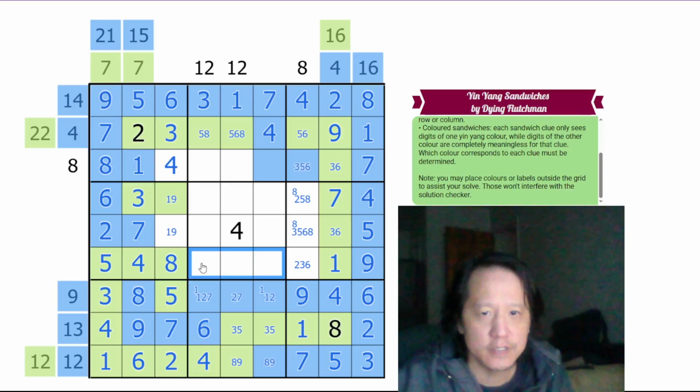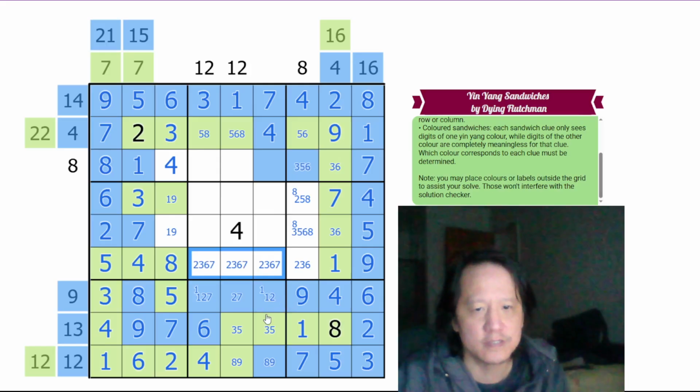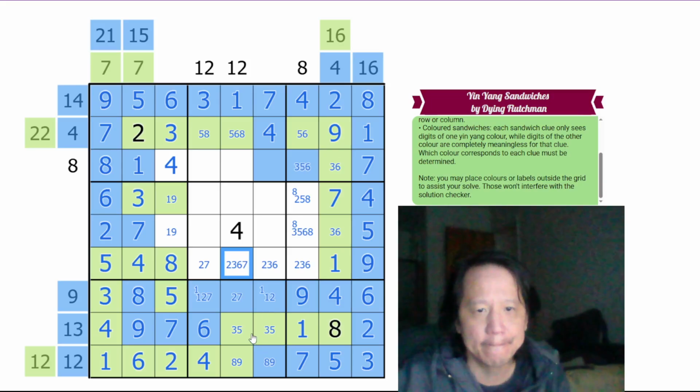Remaining digits in row 6. We have 2, 3, 6, and 7. 7 cannot be here, obviously, because of 7 in the column. This can't be 3 or 6. Remaining digits in row 3.